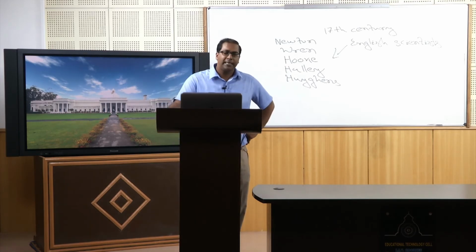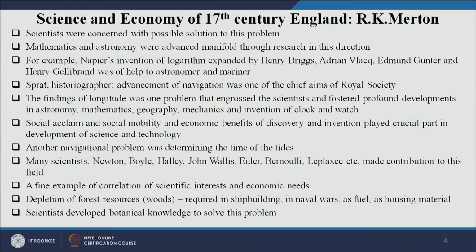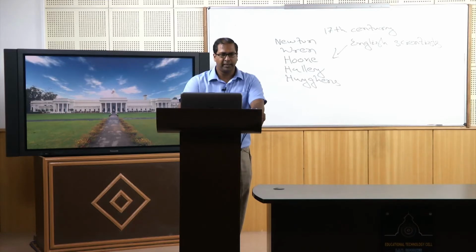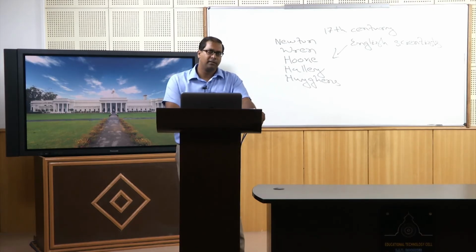So the mathematics and astronomy were advanced manifold through research in this direction, in the direction of studying longitude and latitude, trying to find out the position at sea. For example, Napier's invention of logarithm was expanded by Henry Briggs, and Henry Gellibrand was of help to astronomers and mariners.